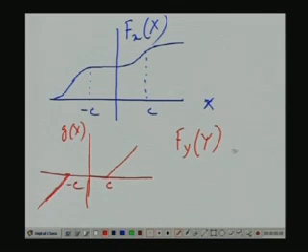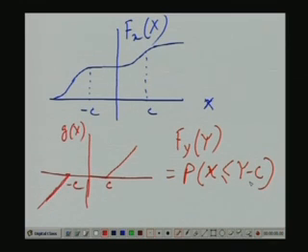After all, the straight line equation is x plus c, okay, and capital Y remaining in this range means x should be less than equal to y minus c.